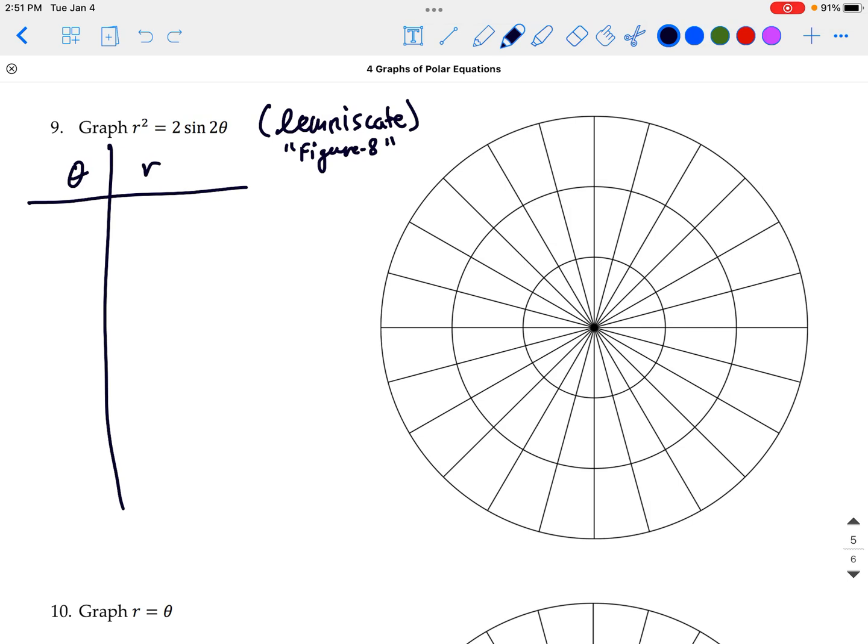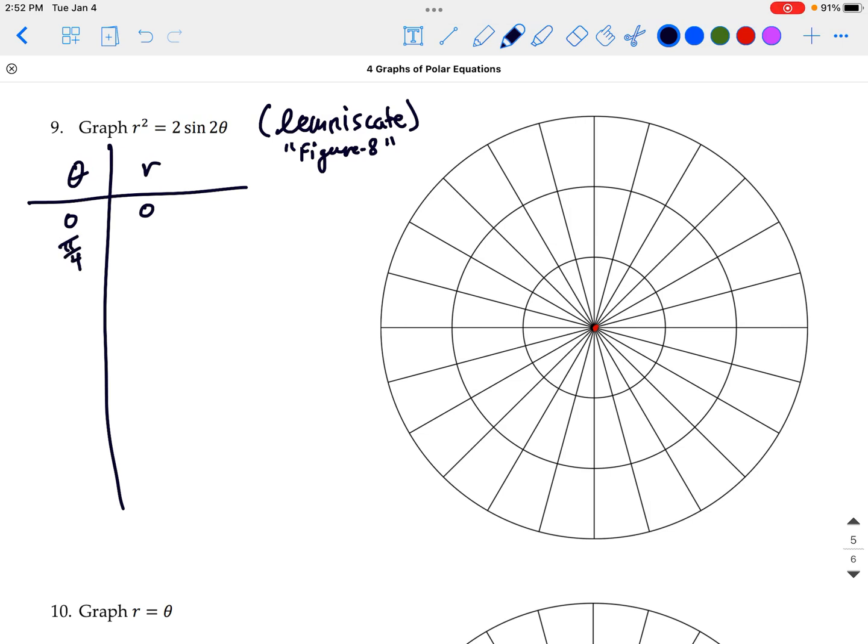So we'll want to be a little bit careful with the values that we choose. We'll start with 0. So at 0, r is going to just be 0. So again, we'll start at the origin here, at the pole. And then we'll pick, again, nice values of our angle, but that are relatively small.